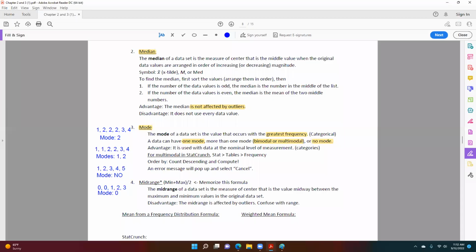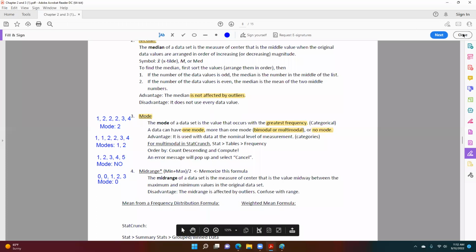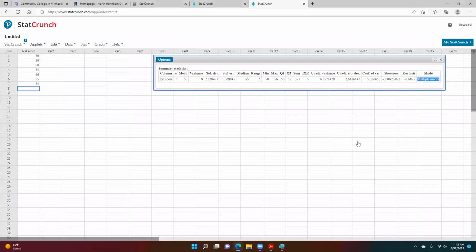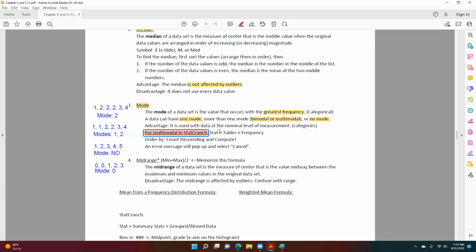So in order for us to fix this issue, this is the little stuff that you need to know. For multi-modal in StatCrunch, if you go to StatCrunch and find yourself having multiple modes, you need to go to Stat, Tables, and Frequency.